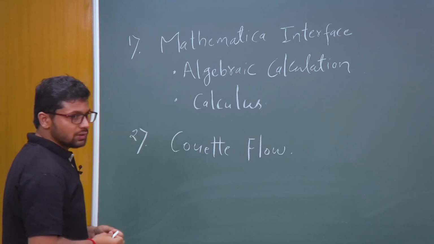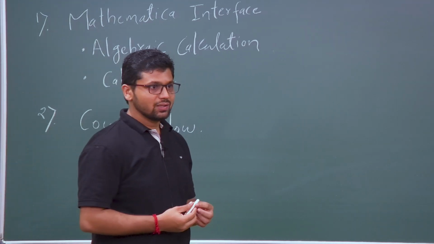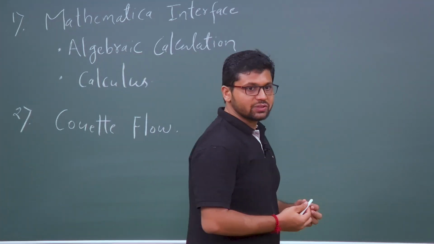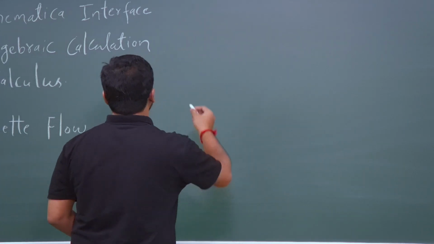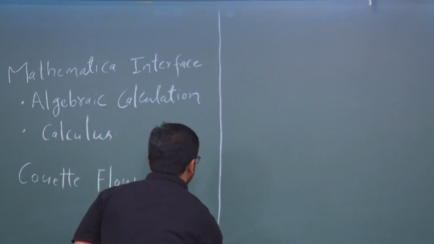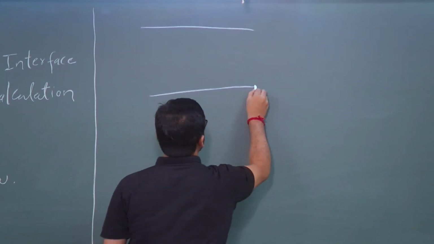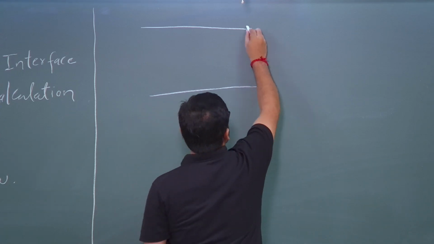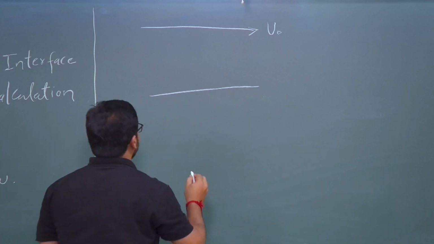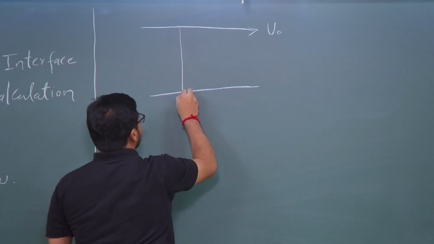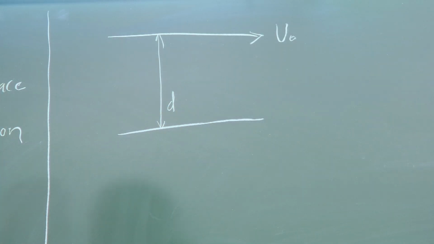To start with, I hope that all of you would have solved the assignment already, but I want to write the steps which we use to solve that problem. In the Couette flow problem, we have two plates, and the upper plate is moving with constant velocity u naught. The distance between the plates has been given as d, and the lower plate is stationary.